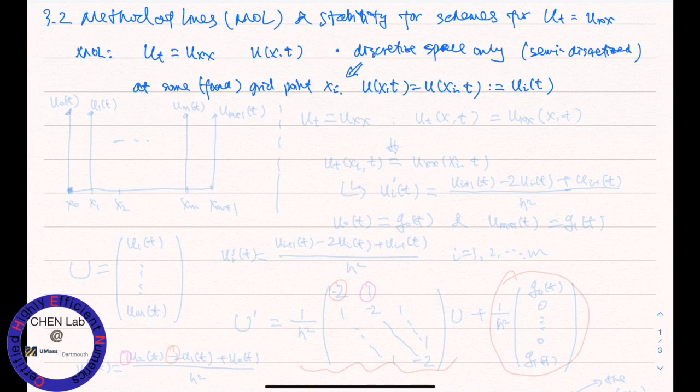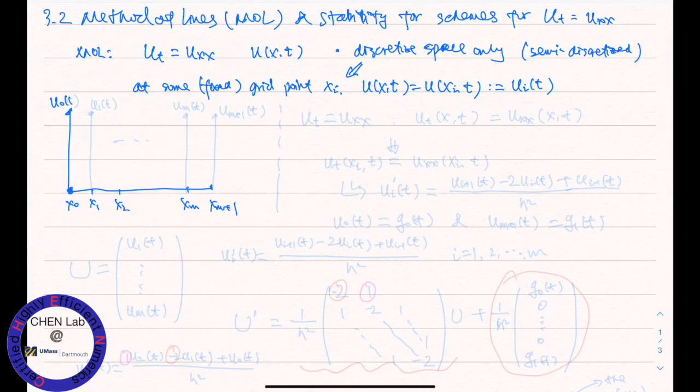Schematically, you have the x domain, which again we discretize: x_0, x_1, x_2, up to x_{m+1}. Along every point, you have a half line that shoots above from x_i.